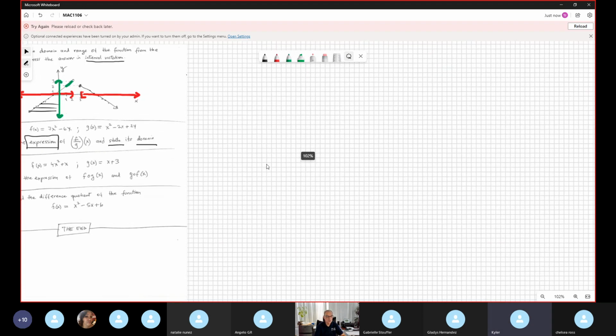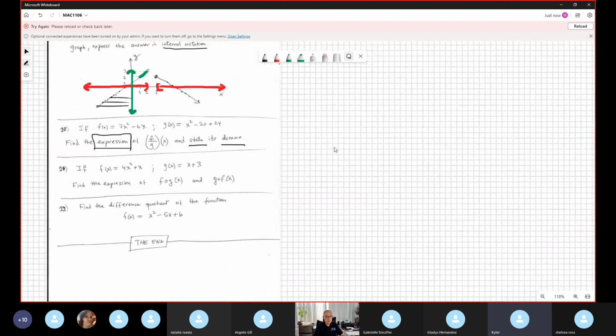It's a combination of functions. The function f is 4x squared plus x, the function g is x plus 3, easy, linear, and I want to find f composition g of x, and also g composition f.